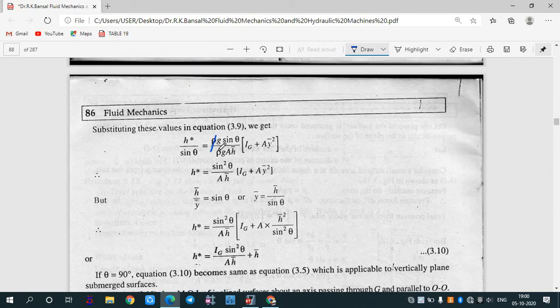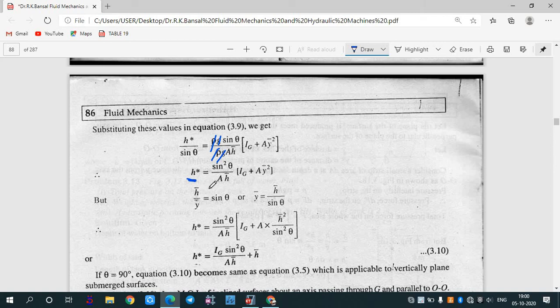After that rho gets cancelled with rho, g also gets cancelled with g. So we are left with sine square. This sine gets multiplied over here, so this will be sine square theta into Ig plus A y bar the whole square, over A h bar. Now since we are talking about h star, we need to convert this y bar.